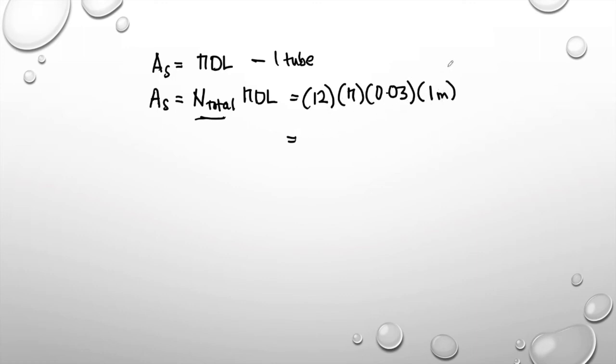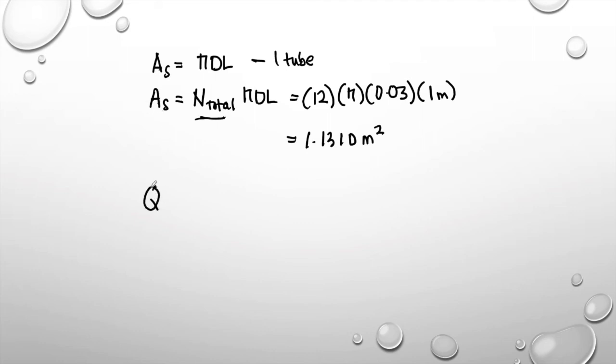If you want to remain it as L, it's okay, but it is better for me to assume 1 meter. Therefore the Q dot will be for 1 meter tubes. So I will get the value 1.1310 meter square. This is the total surface area.